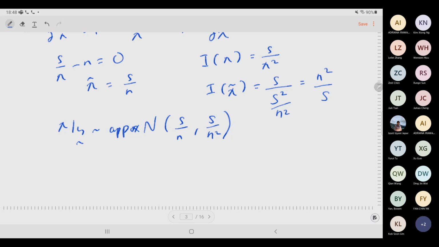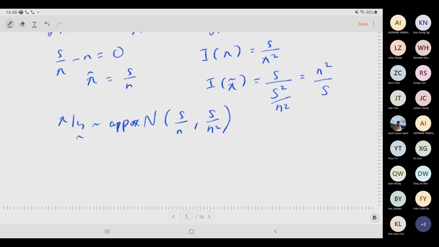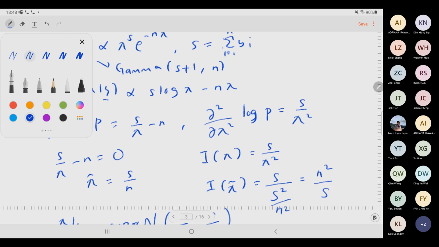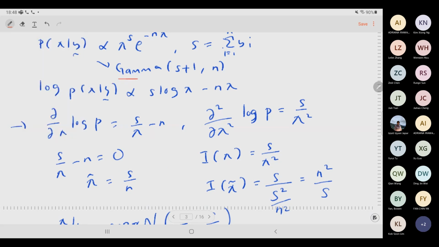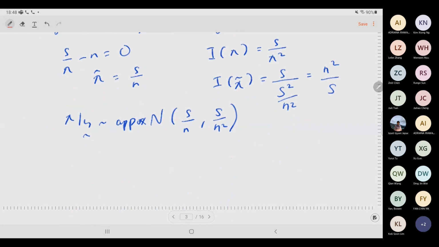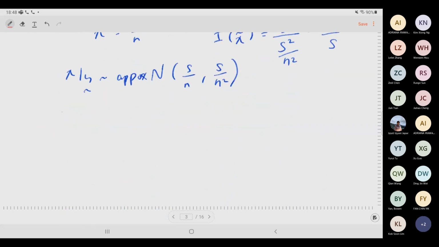If you want to look at this approximation, because we can get our true distribution, lambda is actually Gamma(S plus 1, n), we can compare with the real mean and variance. The real mean is the expectation from the posterior.